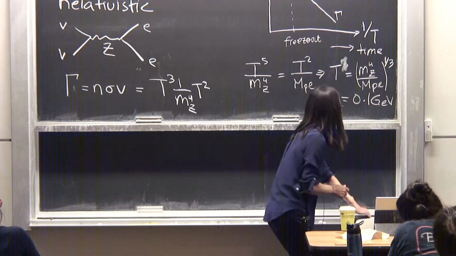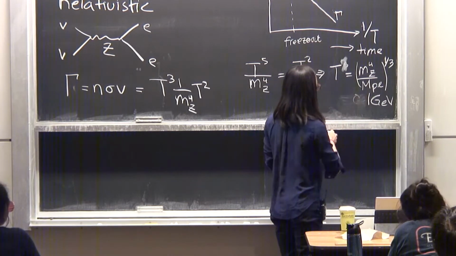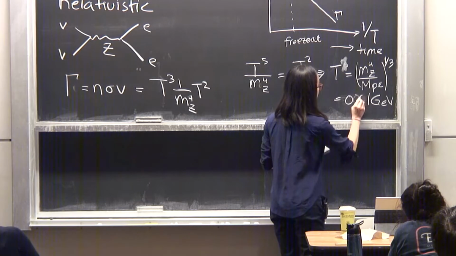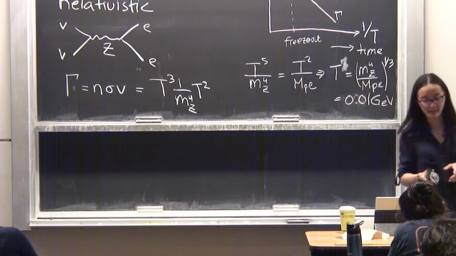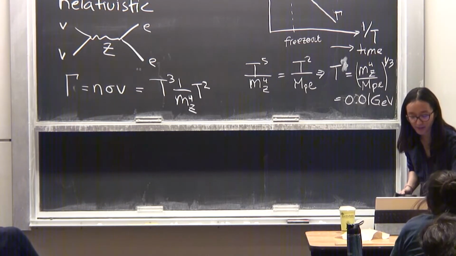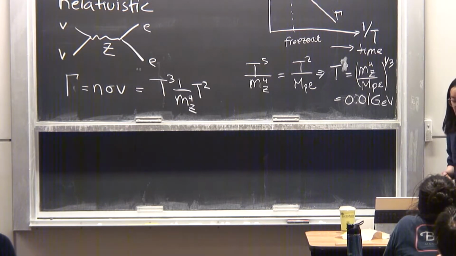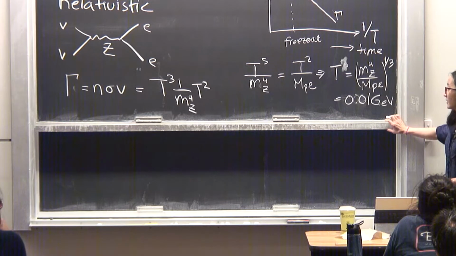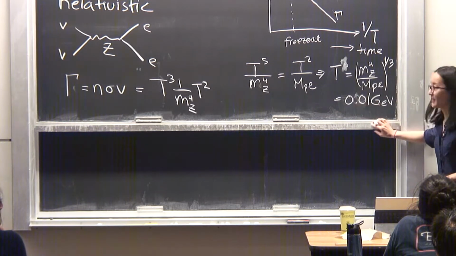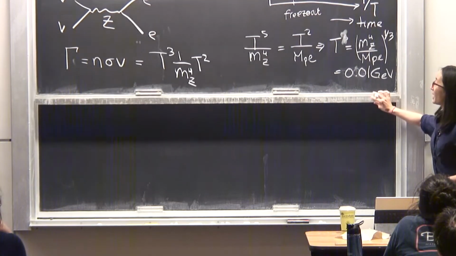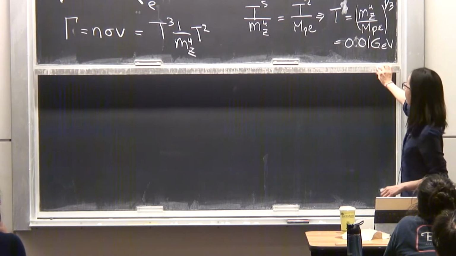Or, sorry, let's write 0.01 GeV to be a little closer. So it'll be around an MeV, or a little bit above an MeV. Hopefully that agrees with what you remember about neutrino freeze-out.